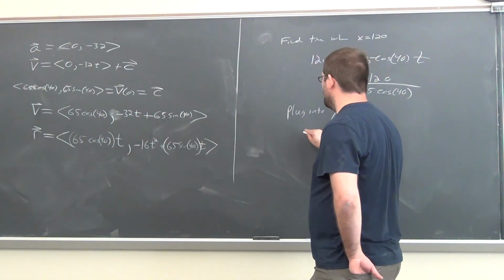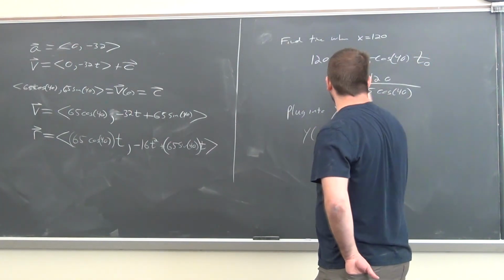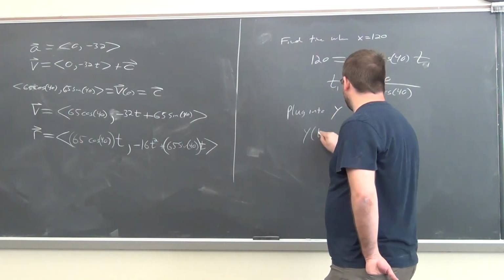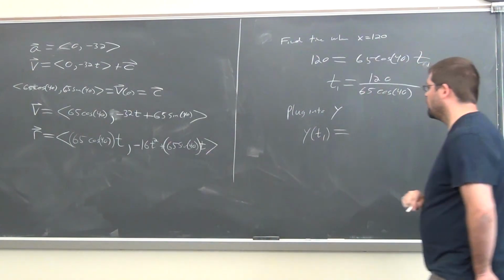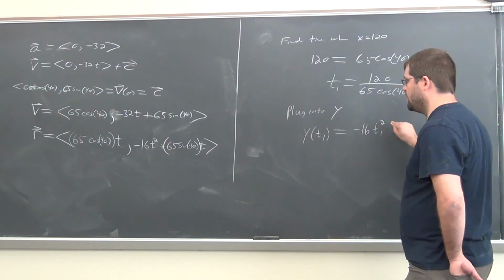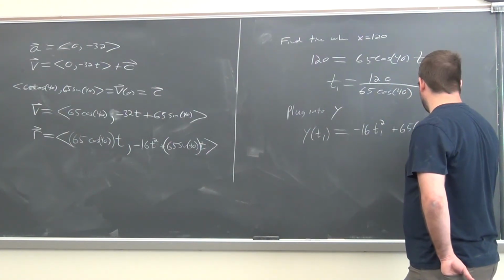Let's call this time t1. And so y at that time is just negative 16 t1 squared plus 65 sine of 40 times t1.